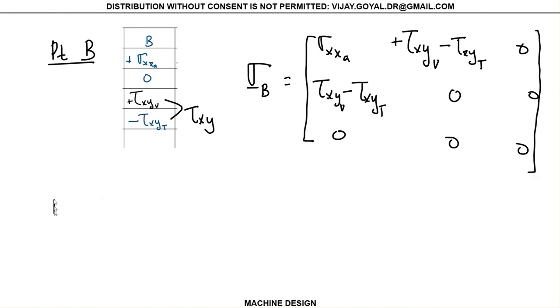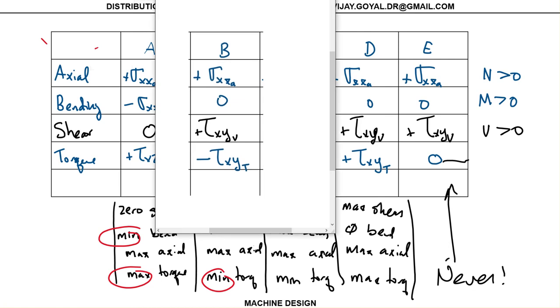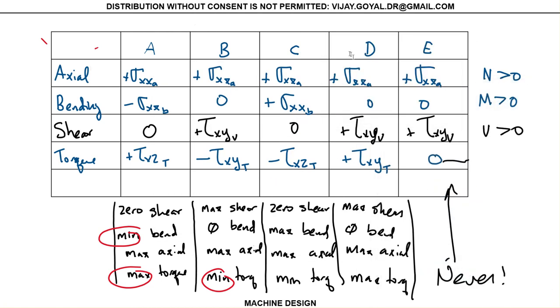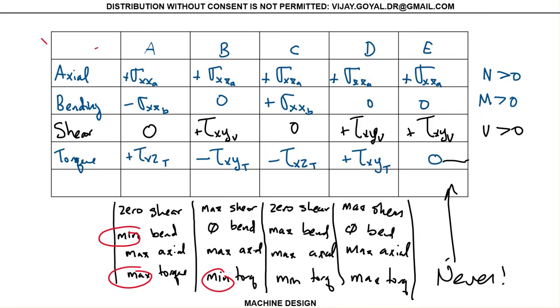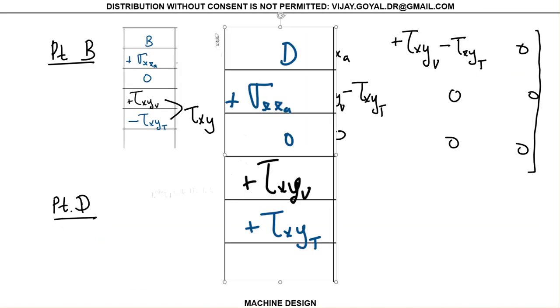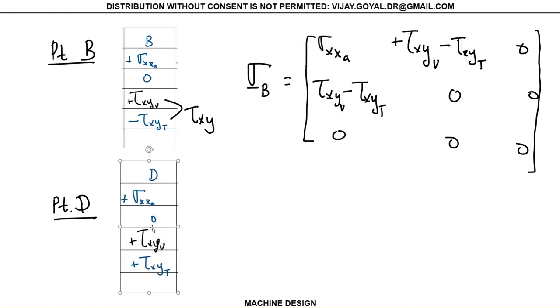Okay, and then my point D will be, so as you can see, the secret of this problem is to fill this table. You fill this table correctly, and then everything else falls in its place. Okay. So now we come here and just note that we've got y and y.